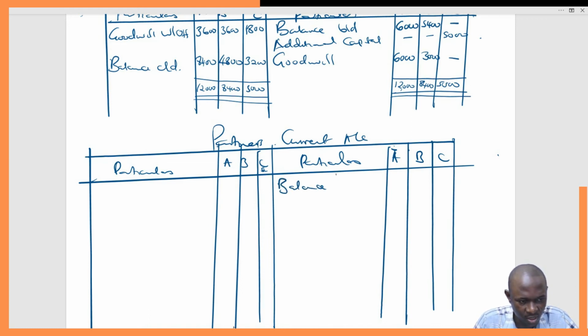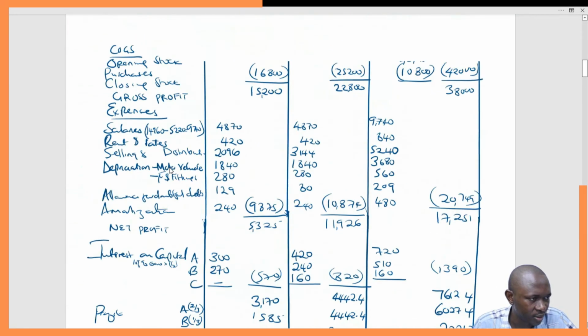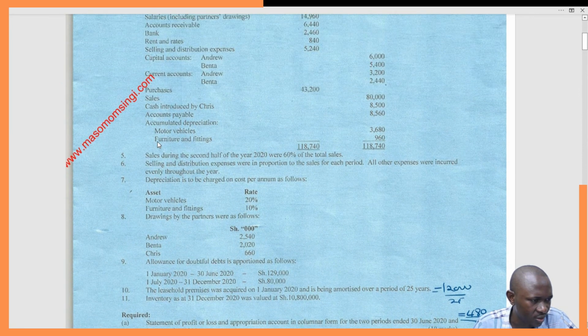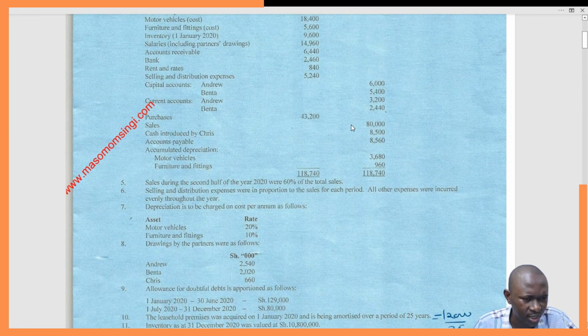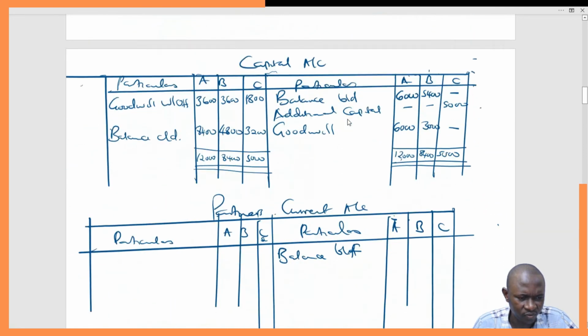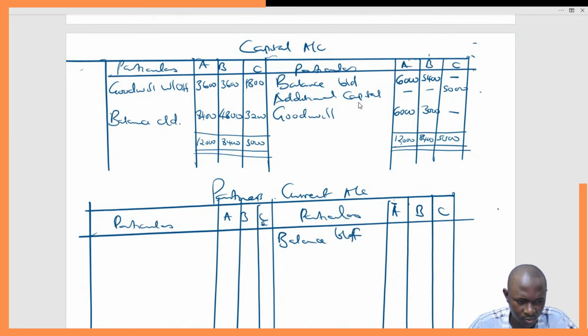Balance brought forward, and then drawings by the partners. Now we start with current accounts: 3200 and 2440. Of course, C was not there, but later on we had additional capital by C.